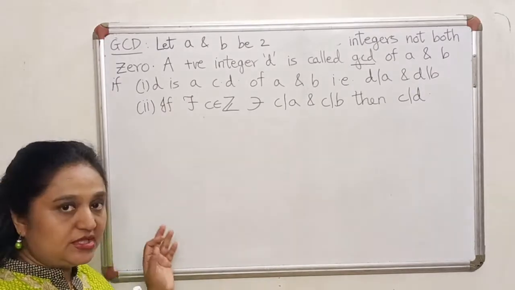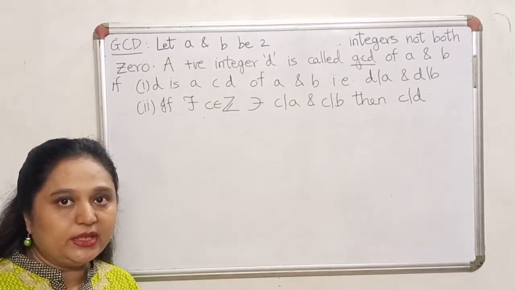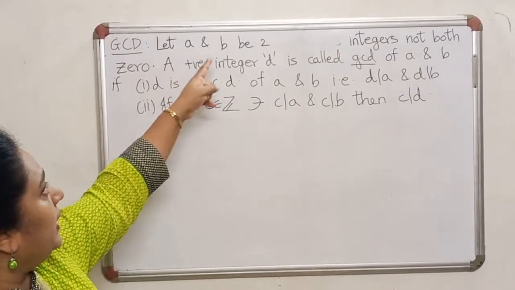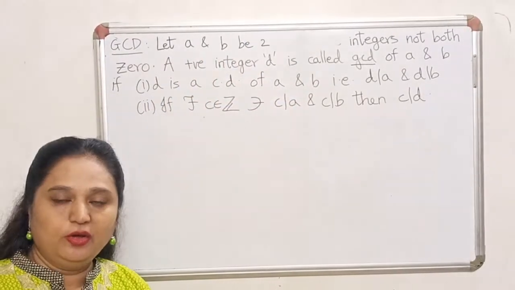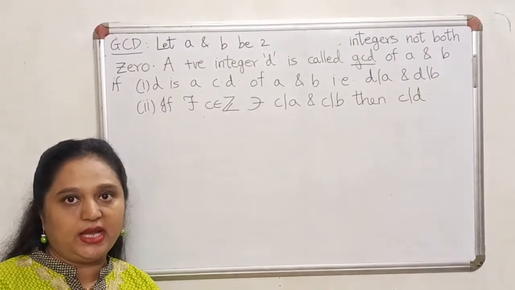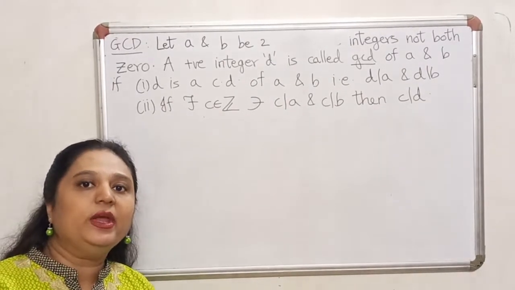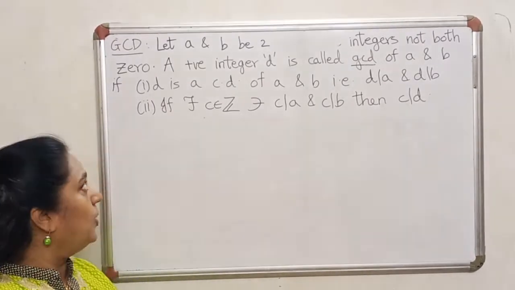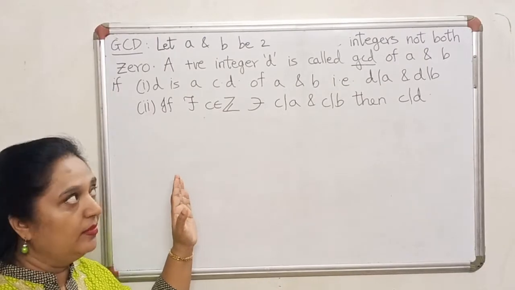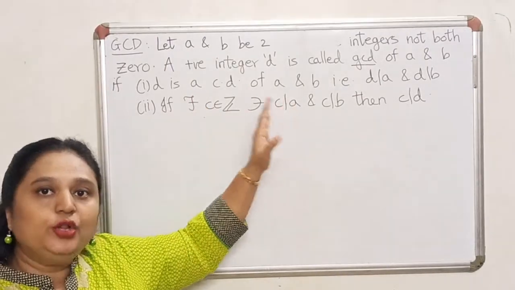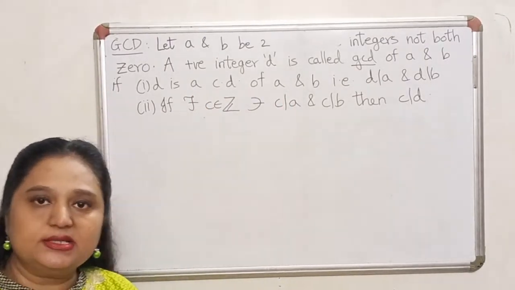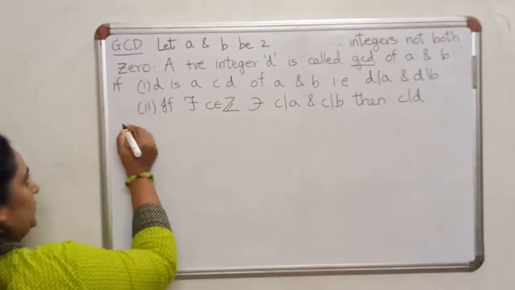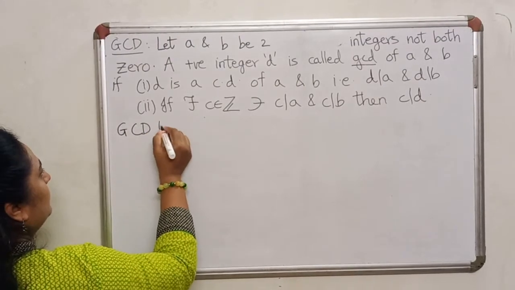So I will give you just the statement over here. Remember the two questions that we are asking. For any two integers A and B, not both 0, first question is whether the GCD exists and how many possible GCDs can be there for A and B. So as I said, the GCD theorem actually answers both questions. It not only answers both questions, it actually gives us something more. So let's look at the GCD theorem.